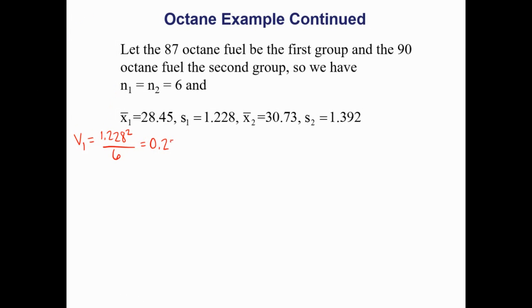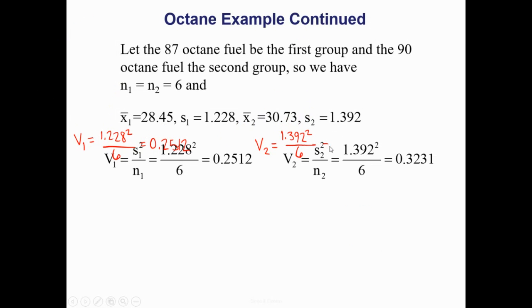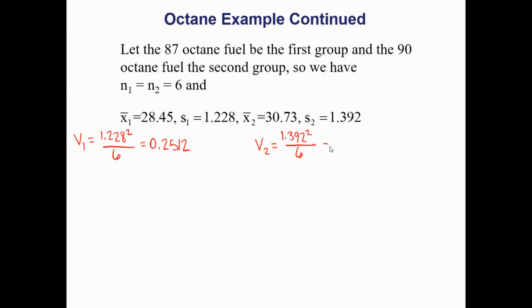I'm gonna save you all these steps. Say 25.12. For V2, 1.392 squared divided by 6. Let's say 3231.